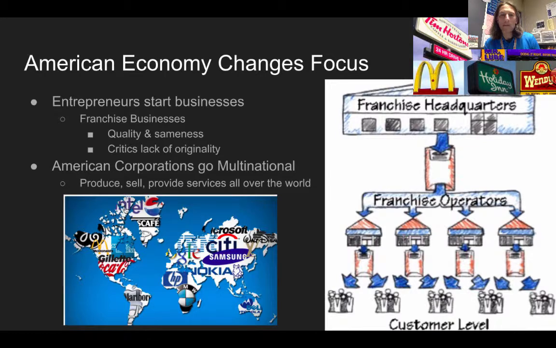That's really the appeal of franchises. Now you also have critics who point out this lack of originality, that we're losing these small mom and pop shops that are unique and make these experiences special. But franchises are going to continue to grow.